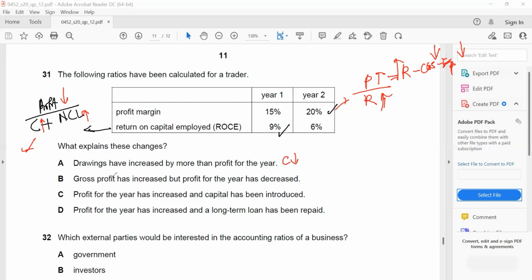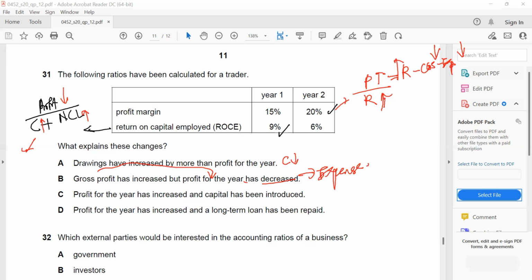Gross profit has increased, but profit for the year has decreased. So if this one increases, profit should increase unless the expenses are more. This decrease is caused by the expenses.